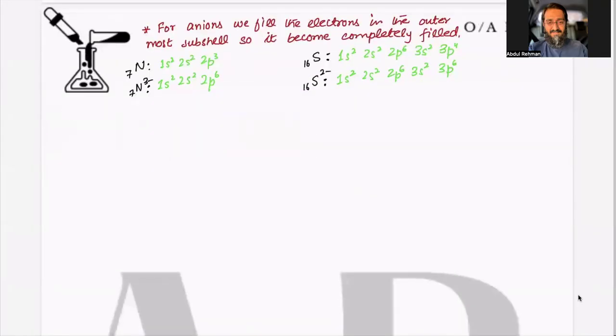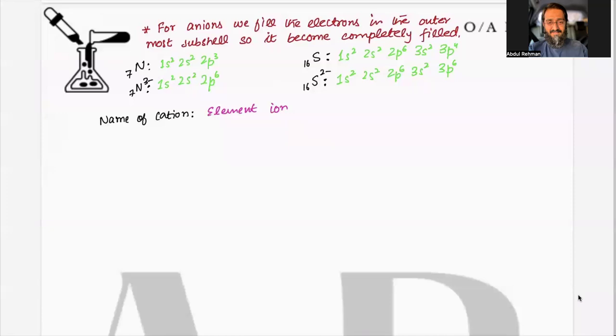Okay. So if you are going to name any cation, it's really simple: you write the name of the element and then you write ion. That is the way you always name the cation. For example, if you have sodium +1, what are you going to name it? Sodium ion. If you have aluminium +3, what are you going to name it?